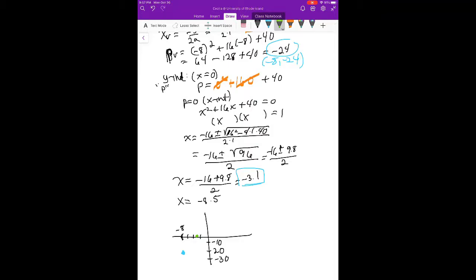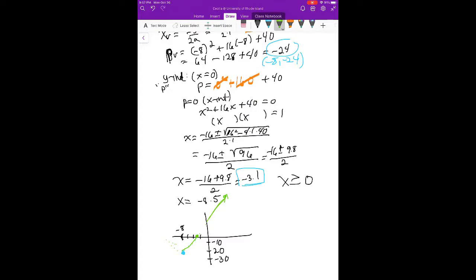Okay? Now, our function, I guess I'll go with green, this is a vertex here, but our domain specifically says that x has to be greater than or equal to 0. So we're going to just continue this parabola until we cross the y-axis, which happens at, we also figured that out, didn't we?